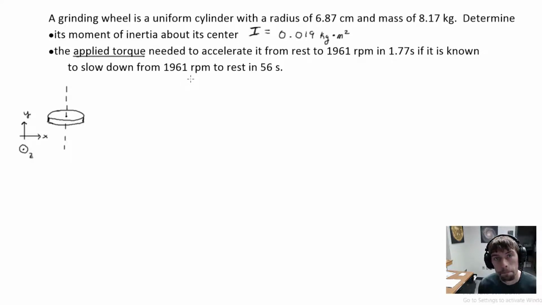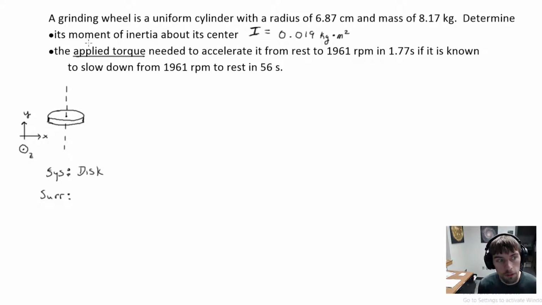Got it? Okay. Well, there's a couple of things that I think we need to specify before we attack the problem. First off, we should specify what our system is. And here I will choose the disk. Although we're not told specifically what the surroundings are, we can think of at least two things in the surroundings.